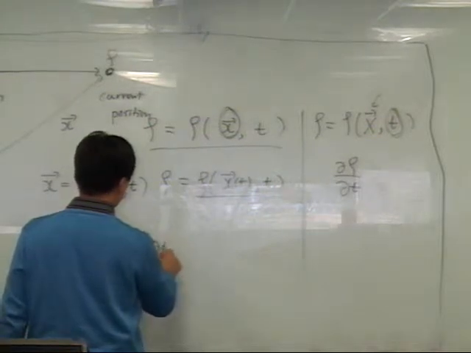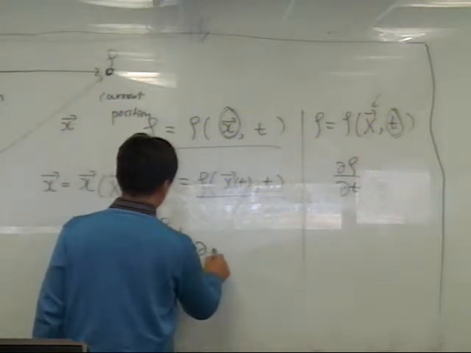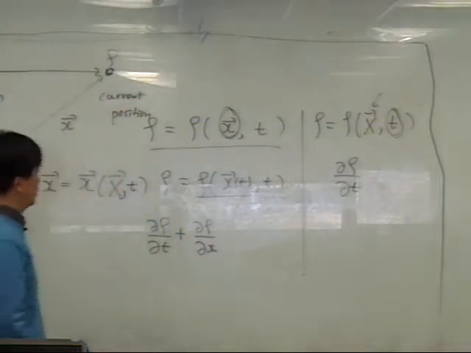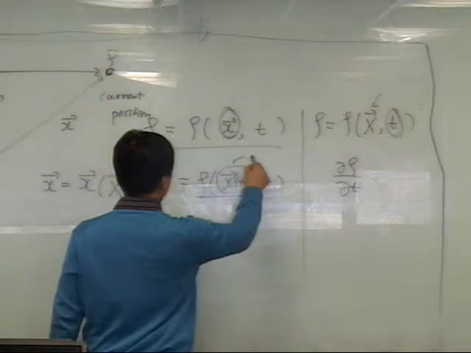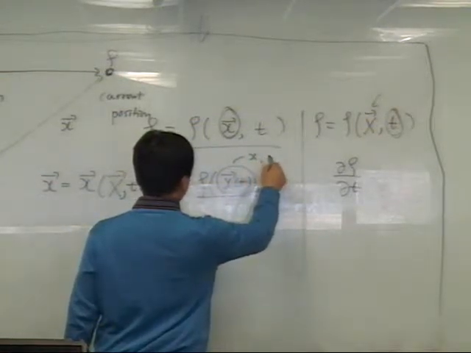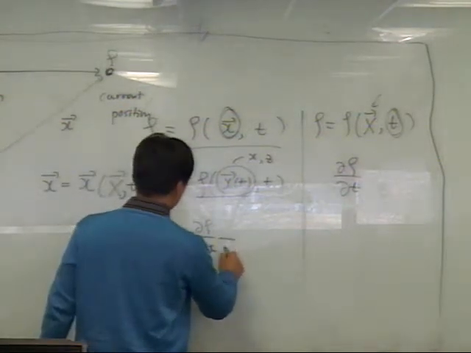Then it will give us the partial of rho in t, plus the gradient of rho multiplied by dx/dt. Here the x vector means x and y in 2D. So x is also a function of t.